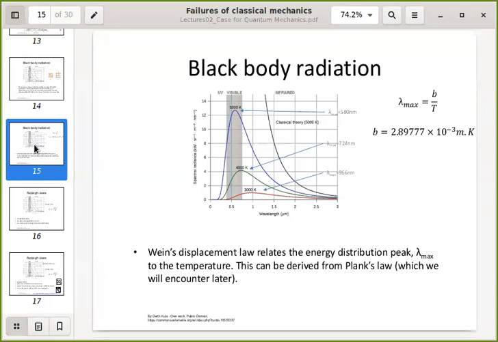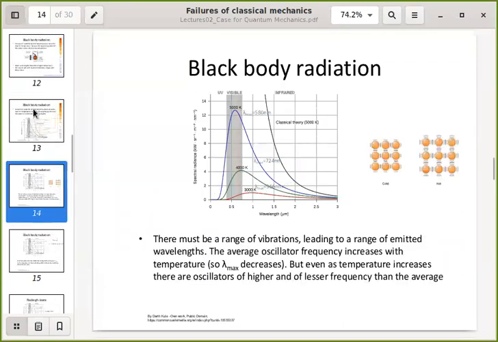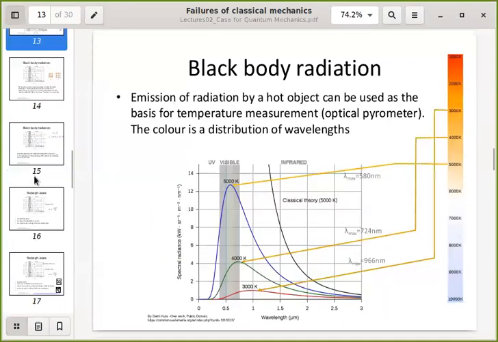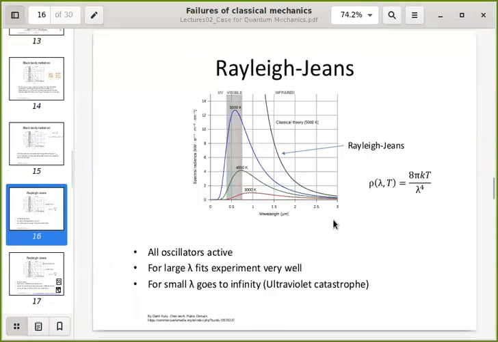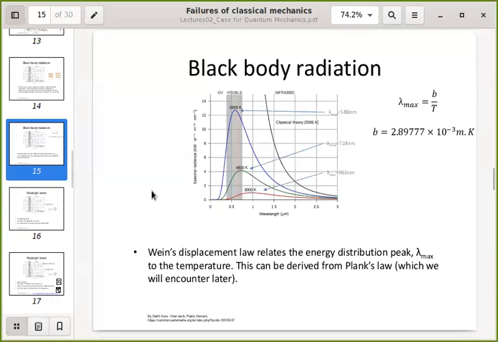the phenomenon. Wien's displacement law just relates this maximum, this peak here, to temperature. If I go back a slide or two, let me go back. No, it's a forward slide. Apologies. Wien's displacement law relates the energy distribution maximum to the temperature.